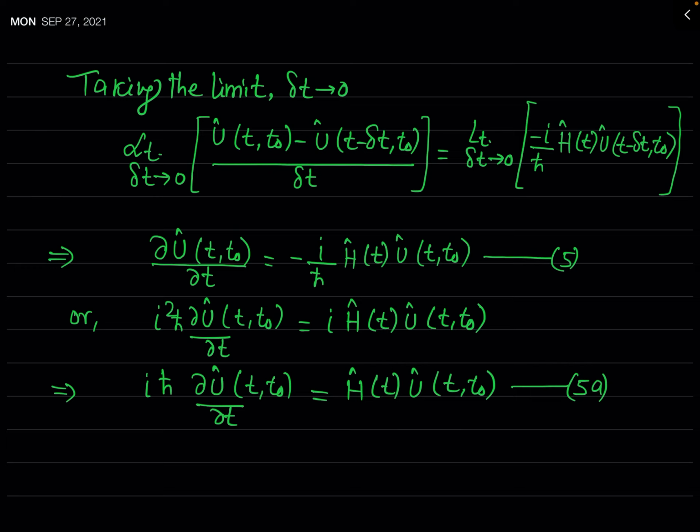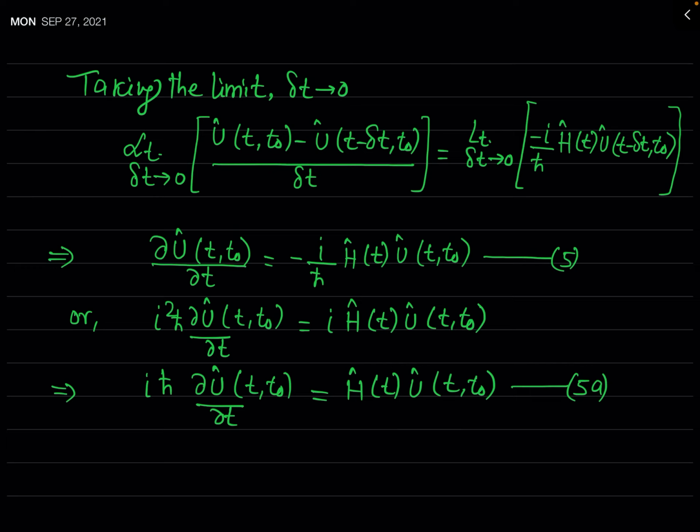Now you have studied elementary calculus, the first principle of differentiation, where you study the meaning of differential coefficient. So what is this LHS? This is simply the differential coefficient of U hat with respect to t.